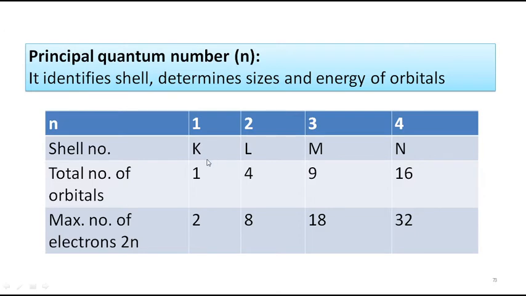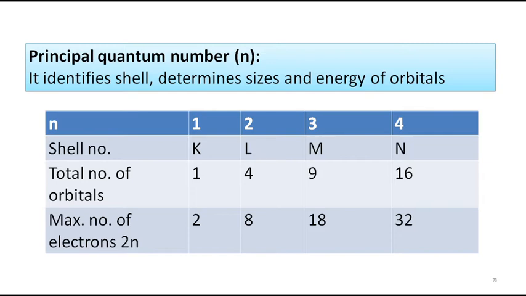So in the K shell, how many orbitals are present? That is given by your principal quantum number. For the shell K, the number of orbitals that can exist is 1. For the shell L, the number of orbitals existing is 4.